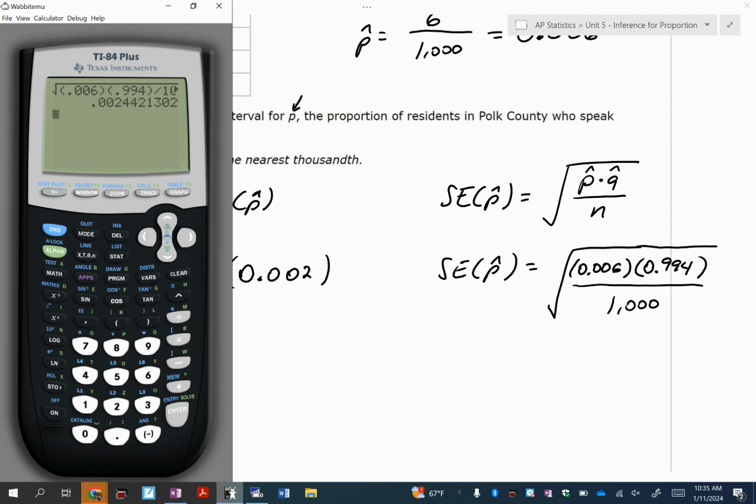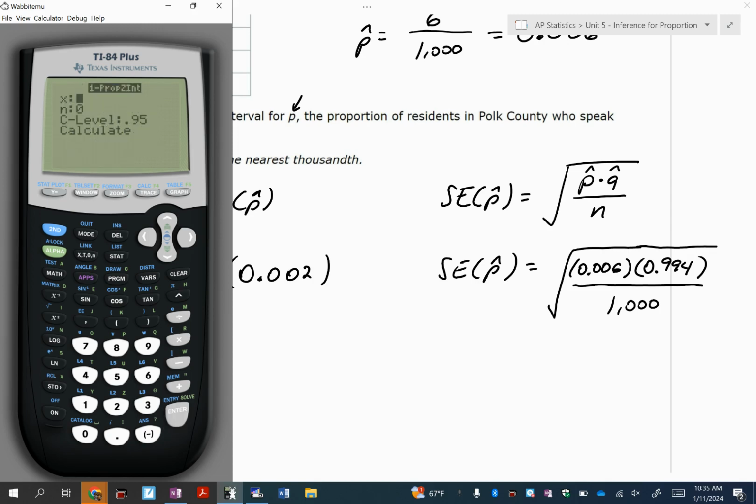So hit stat, over to tests. Do you remember what letter it was from yesterday? A. Very good. 1 proportion z interval, so letter A. So Cameron, this is so far the only one we've done. What you missed yesterday was a 1 proportion z interval. That's the only one we've done so far.